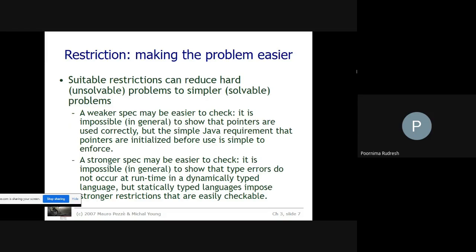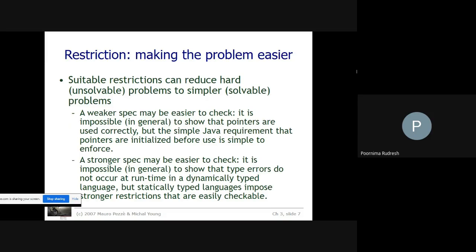And when we are using suitable restrictions, these restrictions can reduce complex, unsolvable or hard problems to solvable or simpler problems. So to do that, we have to make use of suitable restriction strategies.